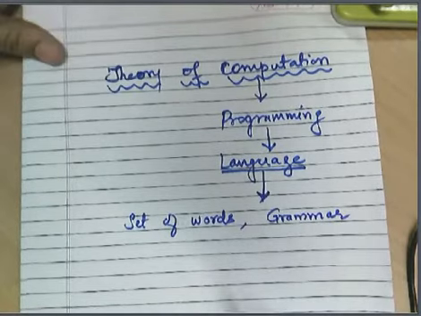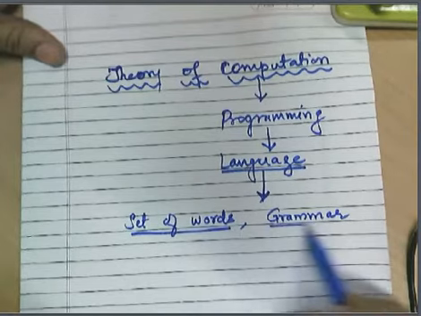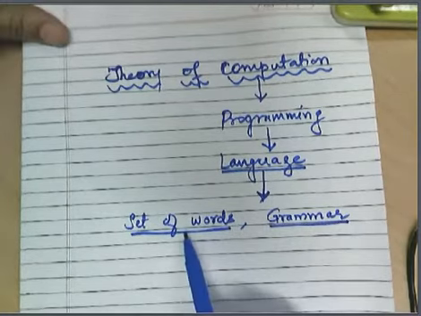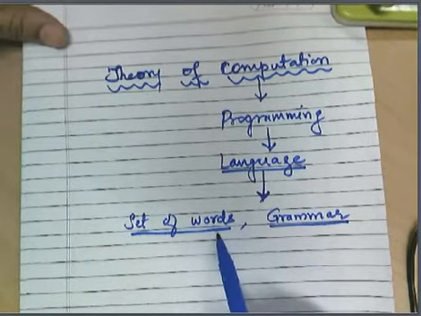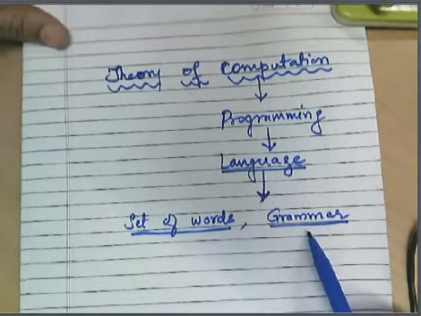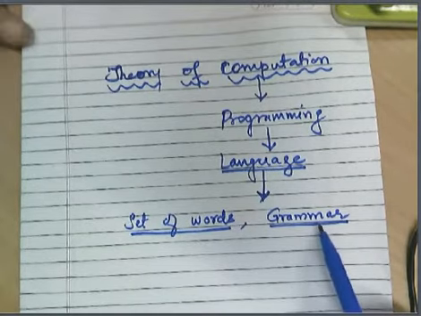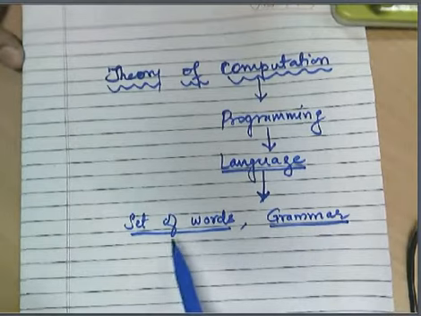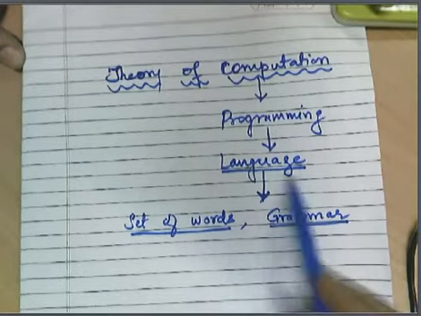Now if I want to relate these two things, if I talk about the Hindi language, is it having its own set of words? Yes. Is the Hindi language having its own grammar? Yes, it is having. Similarly, if I take any language which we are using for communication, what is the purpose of language?